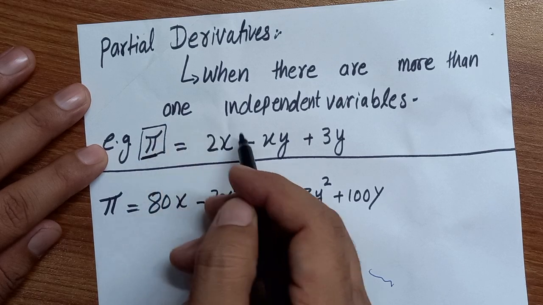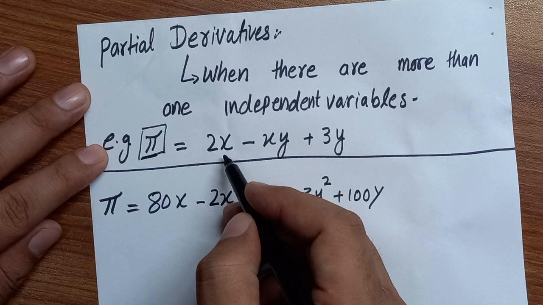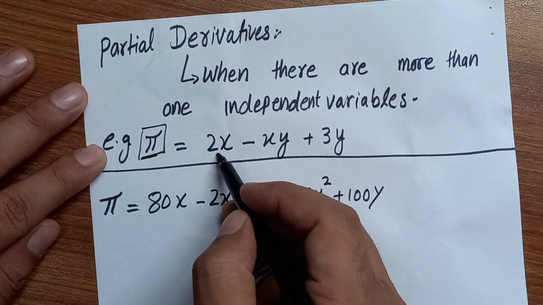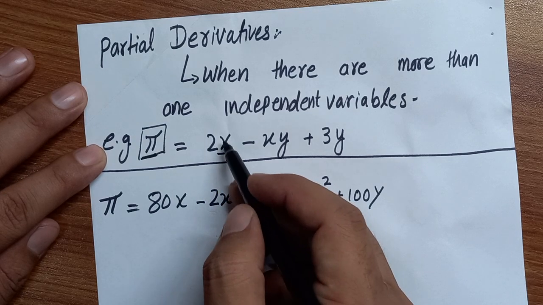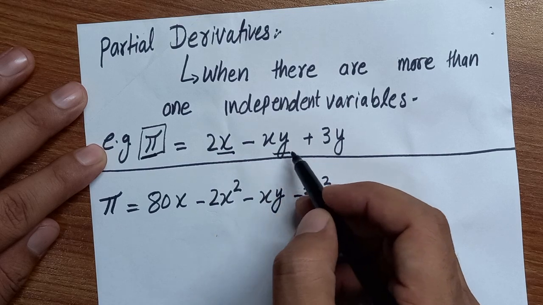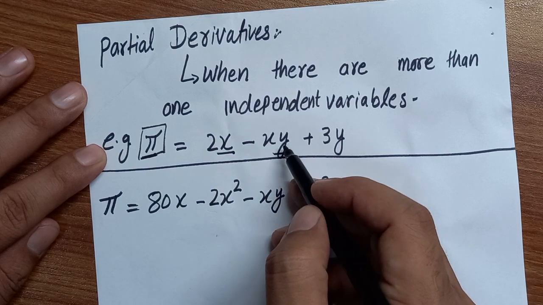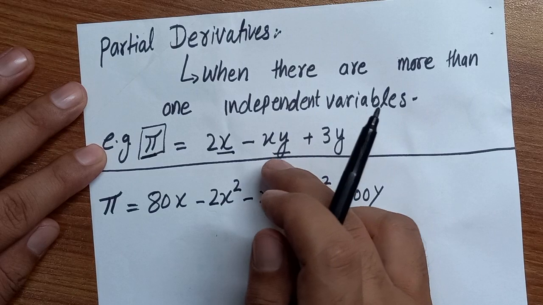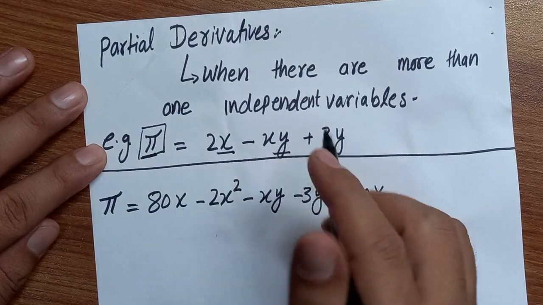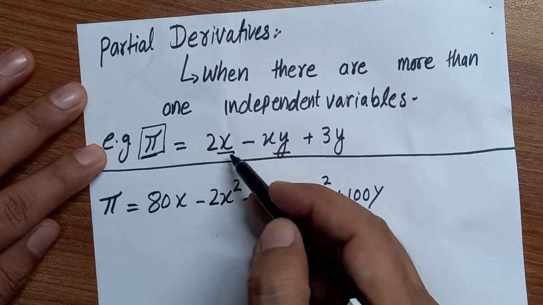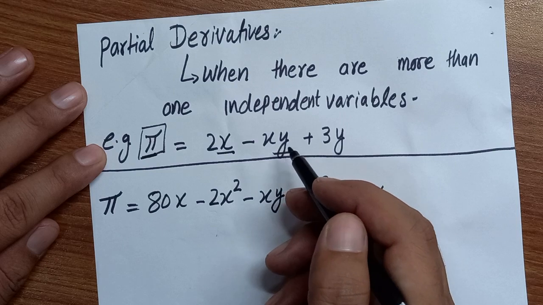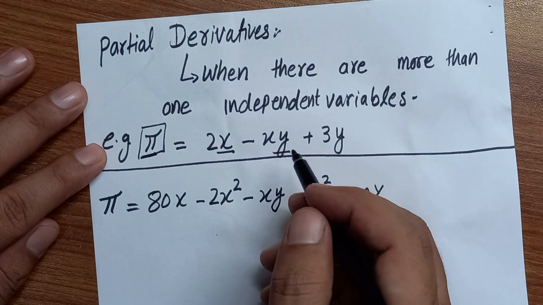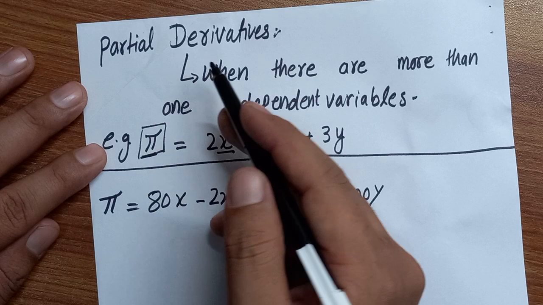The profit depends on other variables. Here we have two variables. One is x, an independent variable. One is y, also an independent variable. For equations which have two or more independent variables, we use partial derivatives.